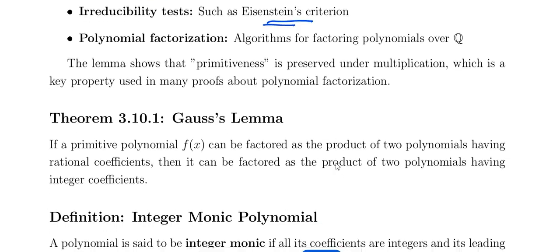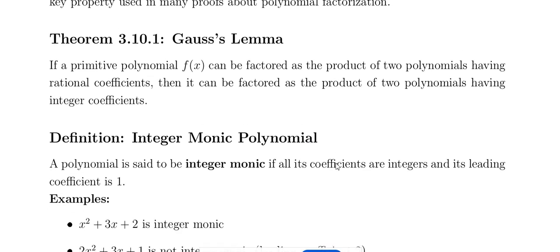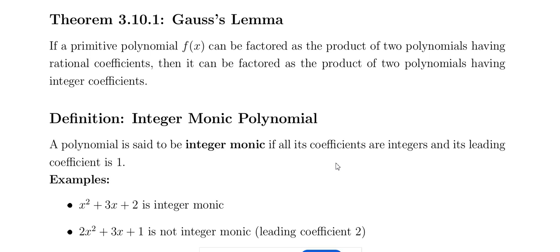And Gauss lemma, if you look at it, says that the primitive polynomial f of x can be factored as the product of two polynomials having rational coefficients, and then it can be factored as the product of two polynomials having integer coefficients.